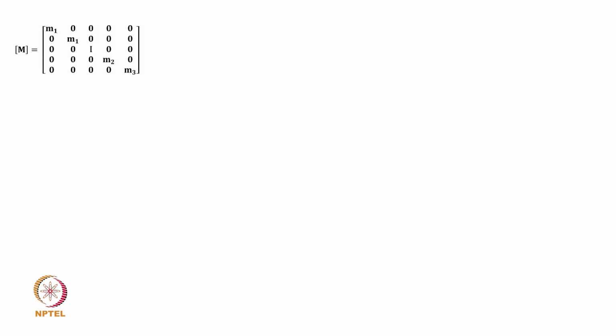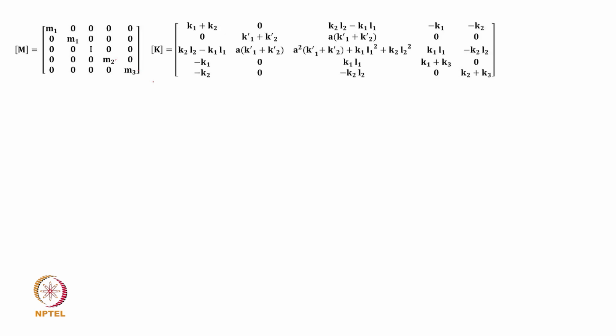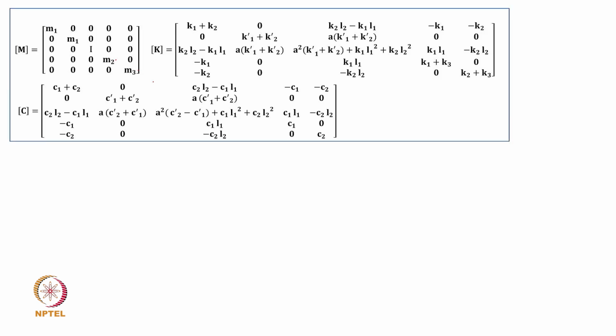As you expect, x1, then y1, theta 1, then x2, and then x3. Corresponding to all the 5 degrees of freedom, there will be corresponding mass or inertia elements in the mass matrix. The stiffness matrix can be shown to have this form, and of course, the damping matrix will have this form.